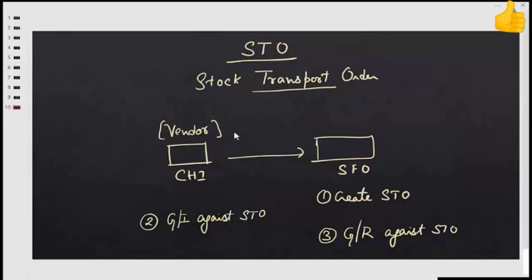If you do it in reverse, take the goods from San Francisco to Chicago, the San Francisco plant becomes a vendor. And that's the first setting that needs to be done. The second setting is to make sure that the material is extended between both the plants. Now we have already extended the material coffee beans to San Francisco in the previous chapter, so we have got that covered.